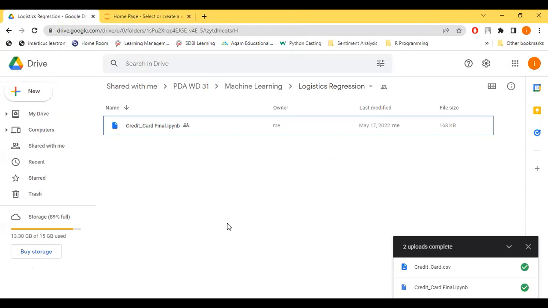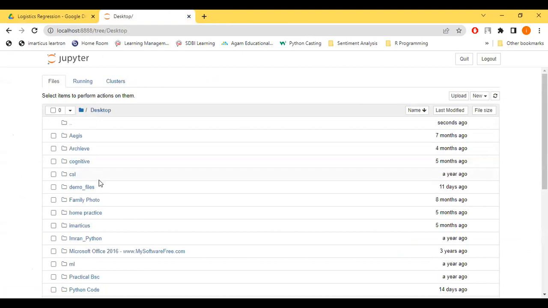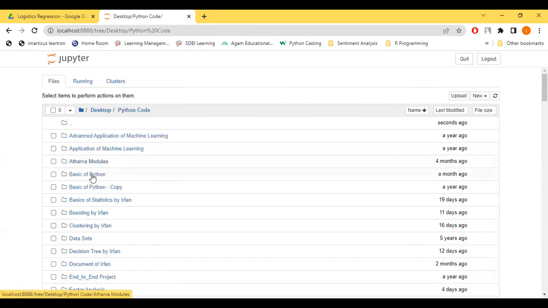Who deleted the file? Done. Again, I upload it. Guys, you just have to download the file, change the location path, and run your codes. AC on, please.